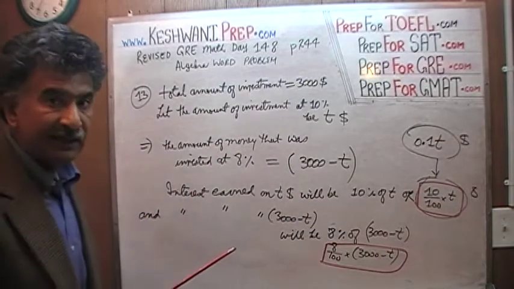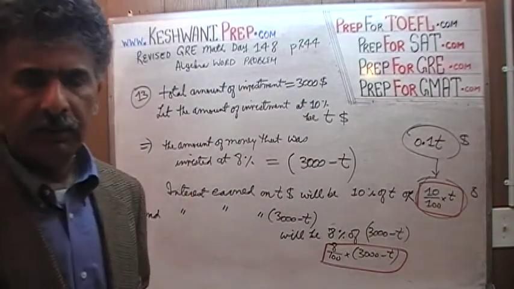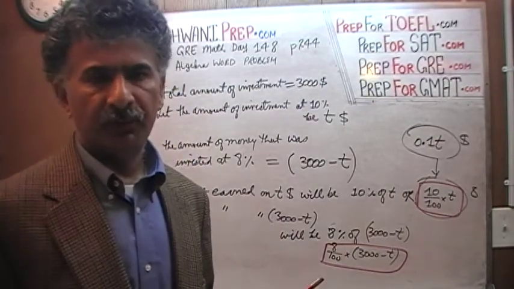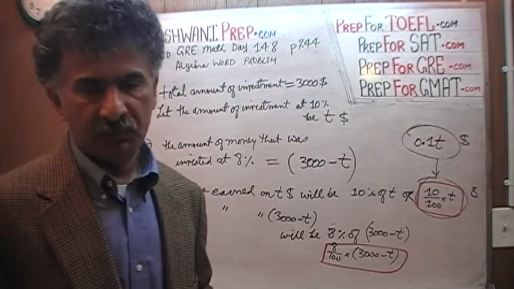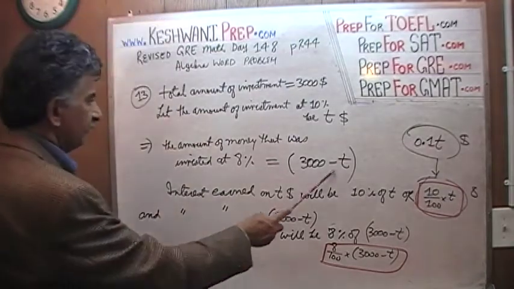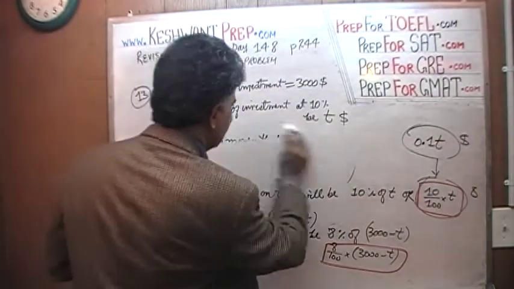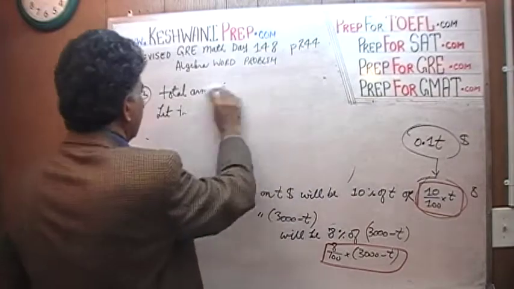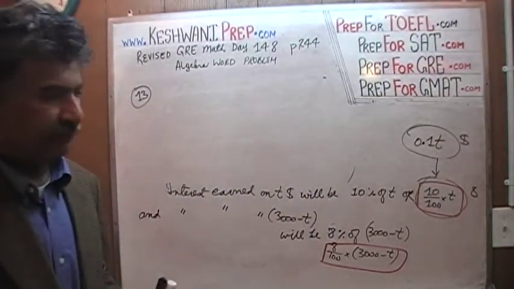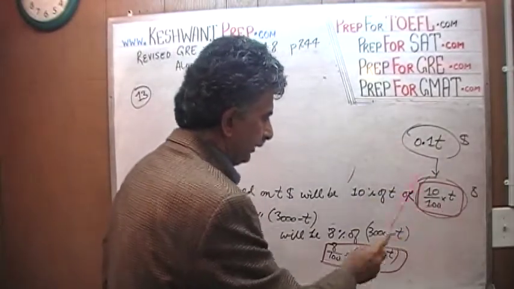And if you're investing $T at 10%, then whatever is the leftover amount from $3,000, that's what you're investing at 8%, which will be 3000 minus T. So 3000 minus T is the amount of money that was invested at 8%. And the amount of interest that was earned on T dollars is simply 10% of T, which is 0.1 T, or 10 over 100 T.